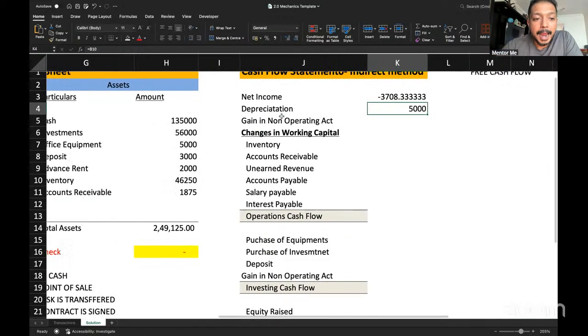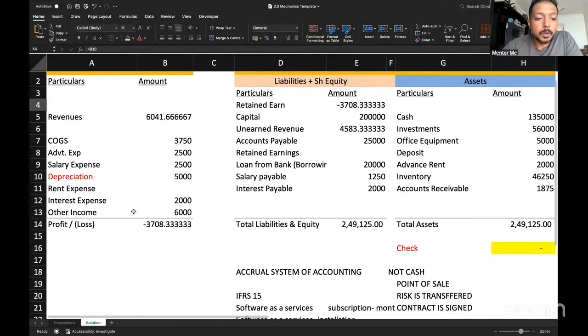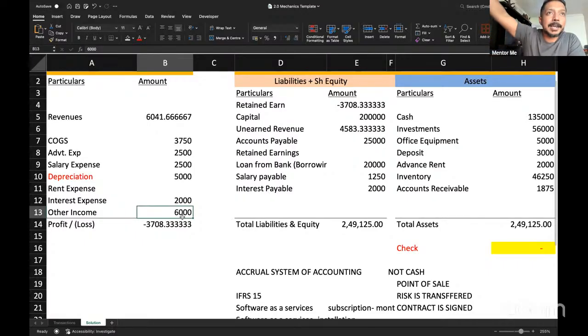Okay. And look at this other income. Again, this is also not received in cash, is it? Directly, we know that it is accrued or collected in our investment portfolio, right? We did not receive it as cash.